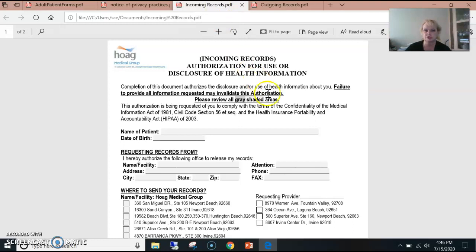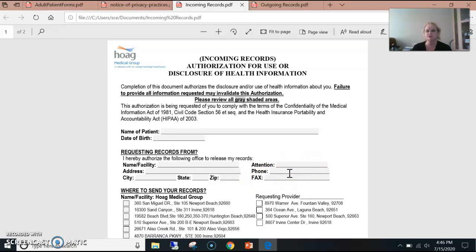And then you can see too, if you need to get a patient's records from another doctor, up here they're called incoming records because they're coming into you. You would write down the patient's name, date of birth. And usually here, I just get the doctor's name and the city and state where they work out of. And for attention, I would put medical records.